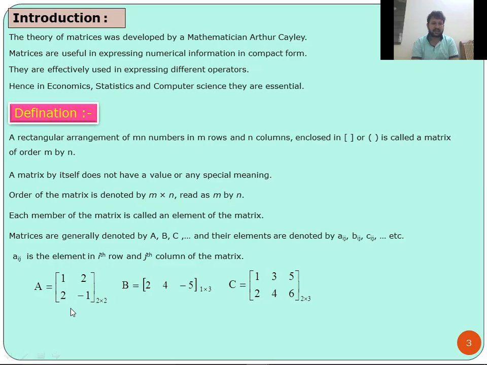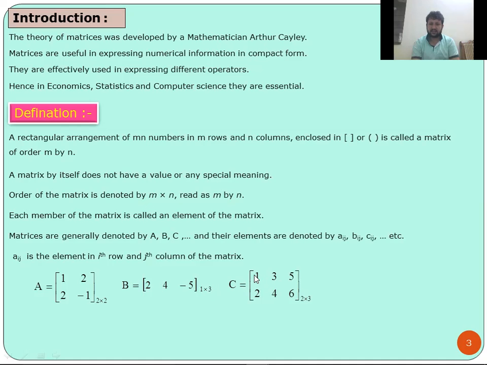Some examples are given here. First matrix A, elements 1, 2, 2, 1, which are expressed in the 2 rows and 2 columns. Order is 2 by 2. Next matrix B, elements are expressed in 1 row, 3 columns. Order 1 by 3.